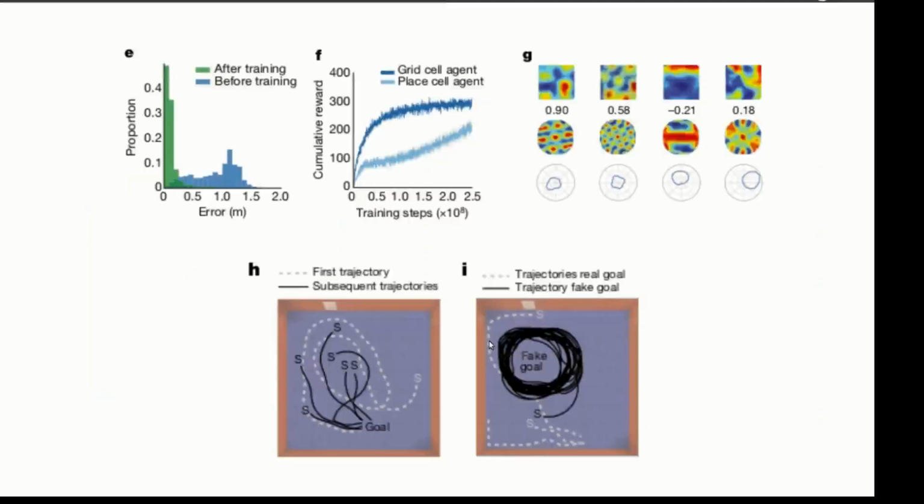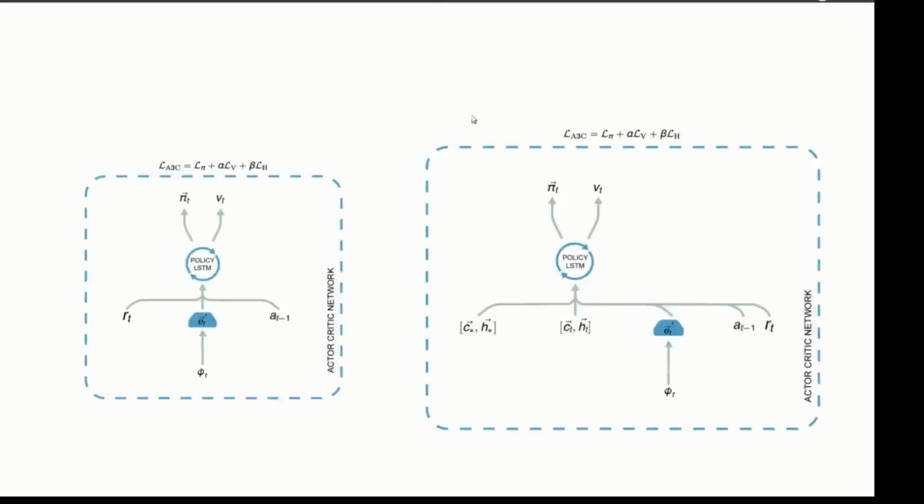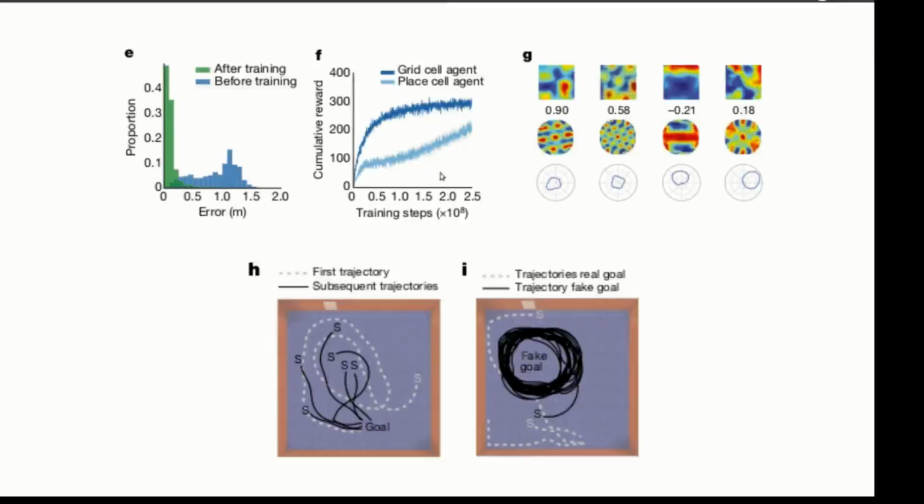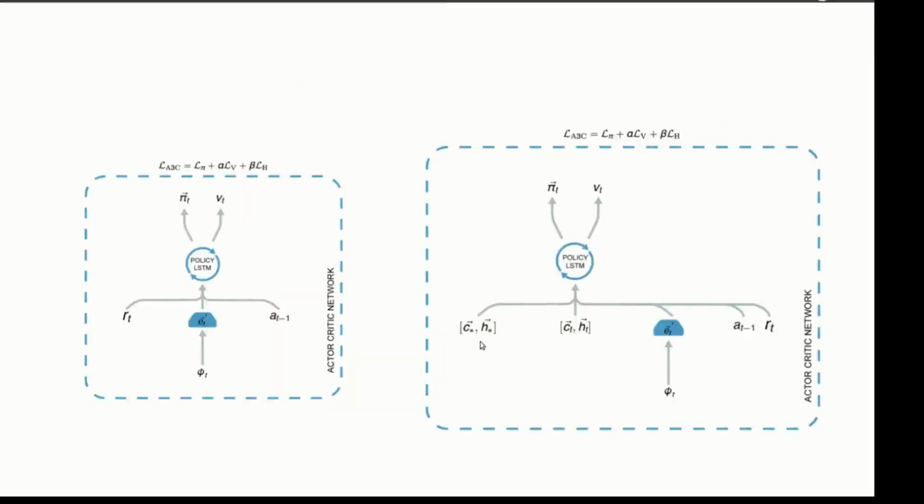So they also have a comparison with another agent, the place cell agent. Whereas this one has access to the grid cells and compares the vector of the grid cells, this other agent, the place cell agent, has the ground truth of the place cells, both of the goal and the current position, and everything else is basically the same.